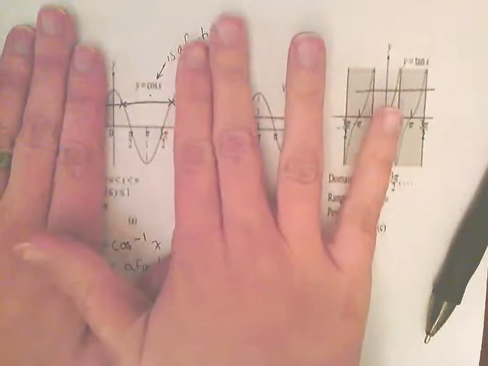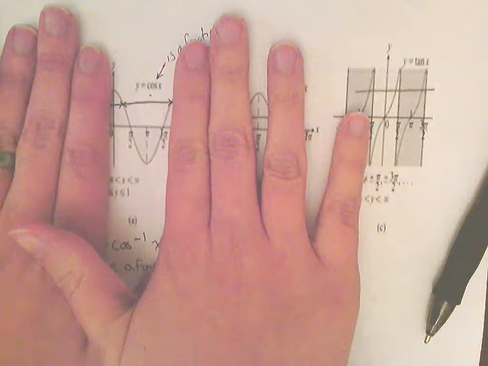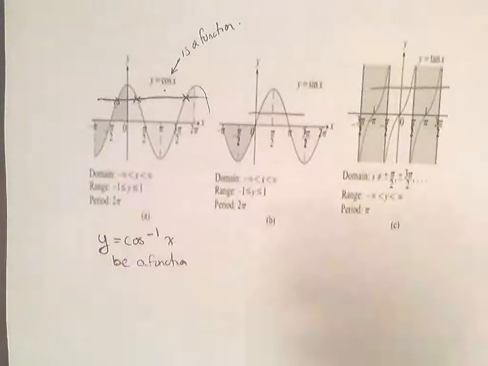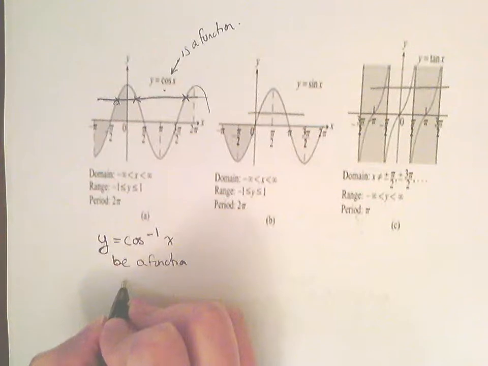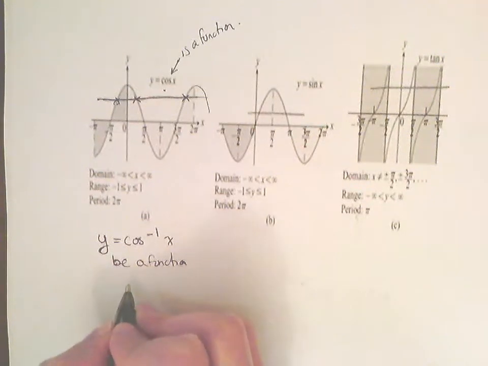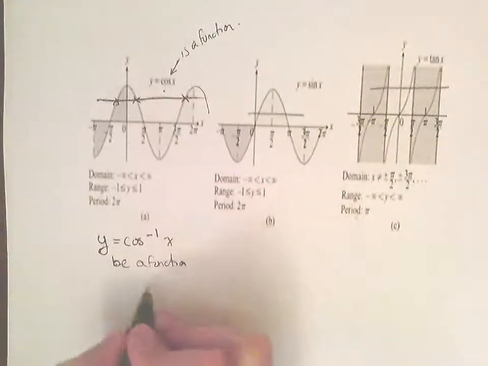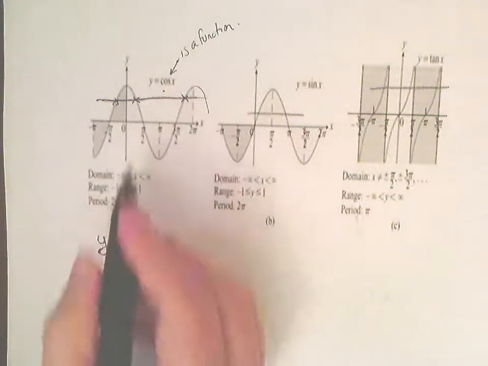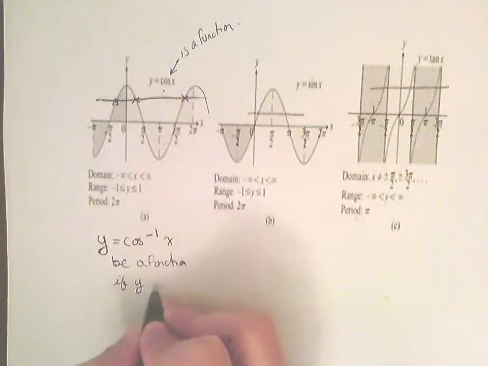So where does the cosine function pass the horizontal test? Only from 0 to pi. So for this to be a function, I have to restrict its range. The reason I say the range is because remember, x and y are going to get flipped, so we'll talk about that in a little bit. The only way this is a function is if y is between 0 and pi.